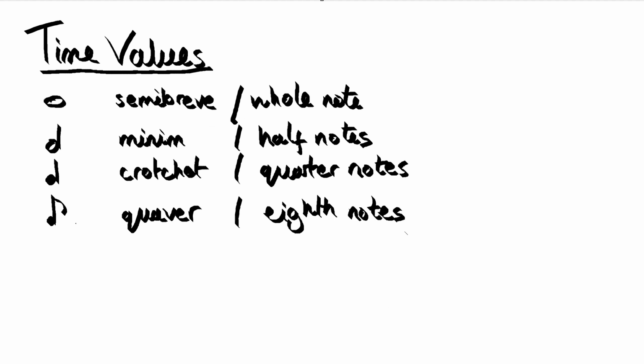And these American numerical names give us the relationship between these note lengths. That is to say that one semibreve, one whole note, is equal to two half notes, two minims, is equal to 4 crotchet notes, 4 quarter notes, and 8 quaver notes.